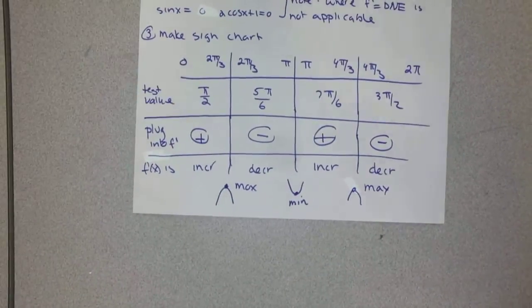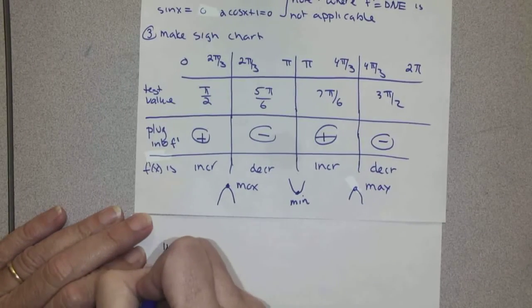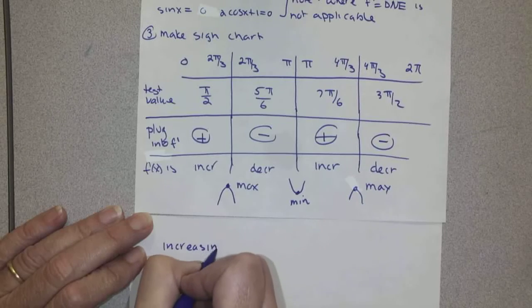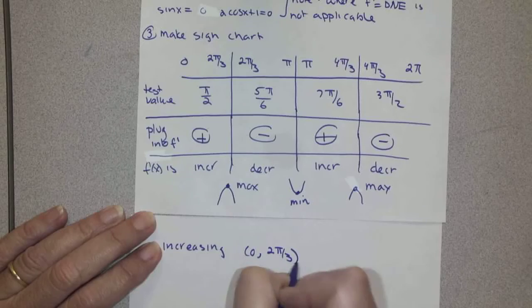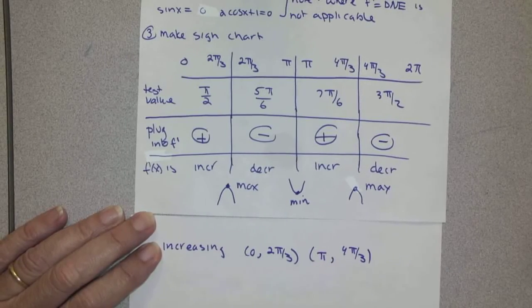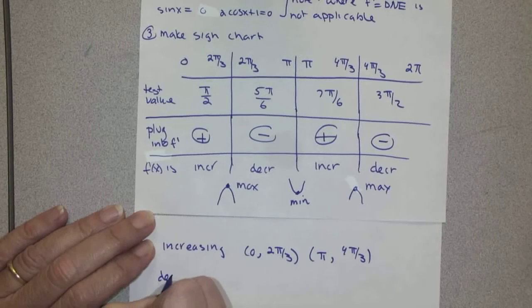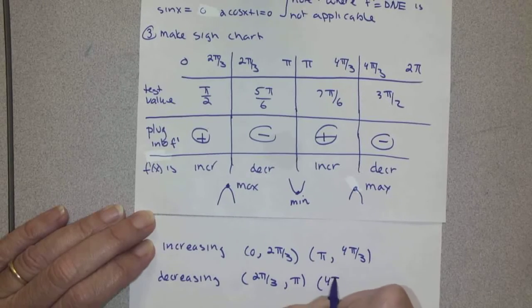So kind of summarizing here, this function is increasing on the interval 0 to 2 pi over 3 and pi to 4 pi over 3. It's decreasing on 2 pi over 3 to pi and 4 pi over 3 to 2 pi.